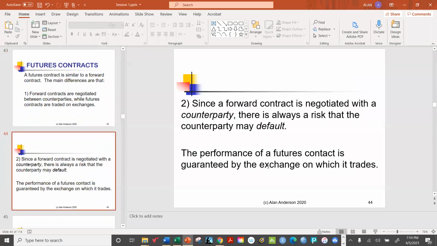The problem with that, though, is that when you're dealing with a counterparty, like a bank, there's always a chance that the counterparty could go out of business or run out of money. So there's a bit of a risk there. There's some credit risk involved with forward contracts. We don't have that problem with futures contracts because they're guaranteed by the exchange on which they are traded.